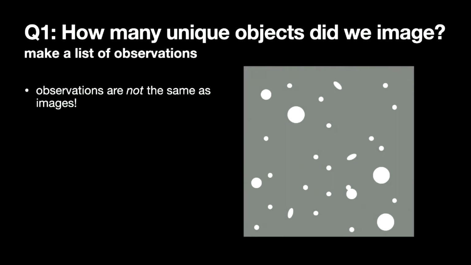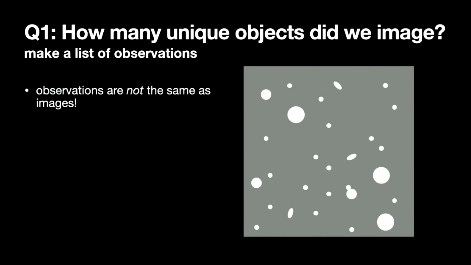So for the first question, how many unique objects did we actually image? I first have to clarify that observations are not the same as images. I want to make a list of observations, and that doesn't mean just making a list of what images did we take, like images 5 to 500 are U-band images.